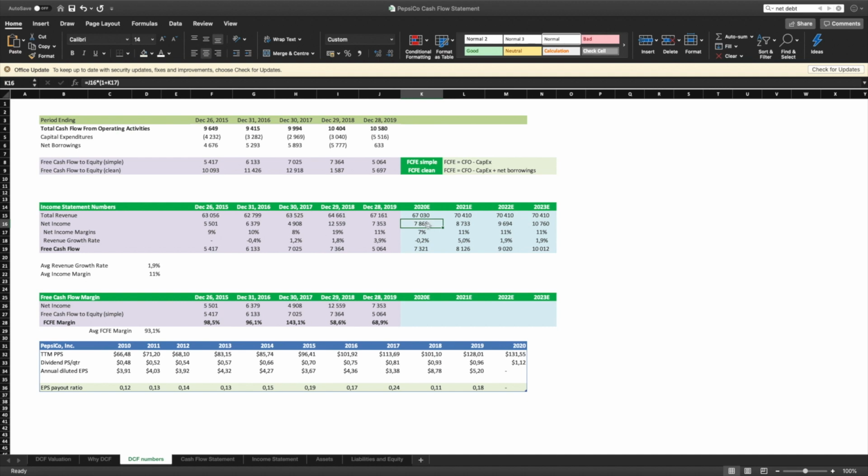And then we can finally arrive at the free cash flow to equity, not only for these 2 years, but also for 2022 and 2023. As you can see here, D29, which is this little cell right here.